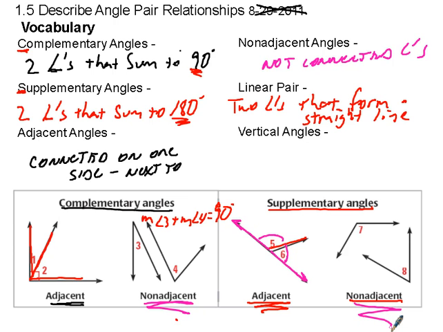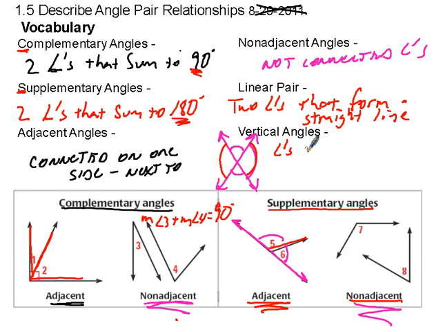Vertical angles. Vertical angles is best described in a drawing. If we have two lines intersecting, these are vertical angles here. They're opposite to each other. There's another pair of vertical angles there. This angle here, I'd like to do that in a different color here. This angle here and this angle are vertical angles.